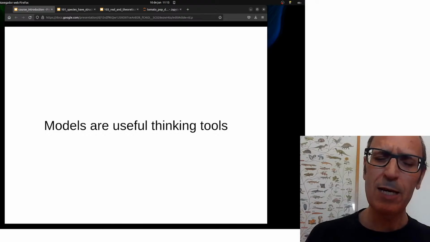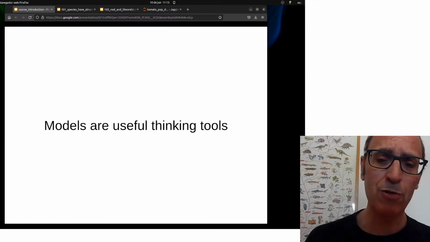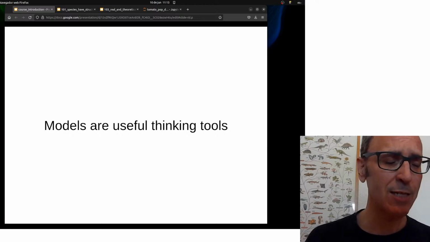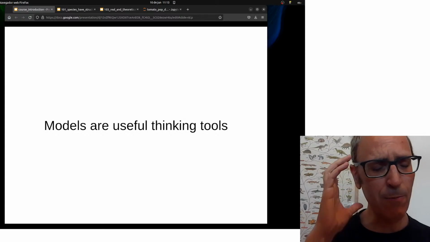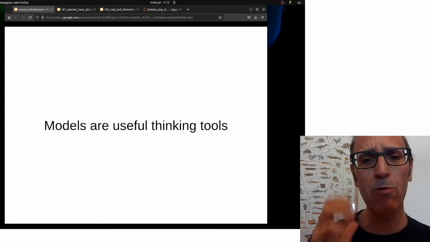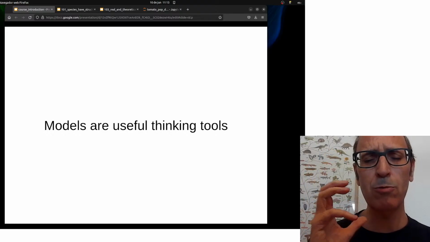Models like the ones that were developed by the theoretical population geneticists are very useful thinking tools. So this is another aim. It's not just we need practical tools, but also we need ways to think about how evolution works and how our populations got to be what they are today.